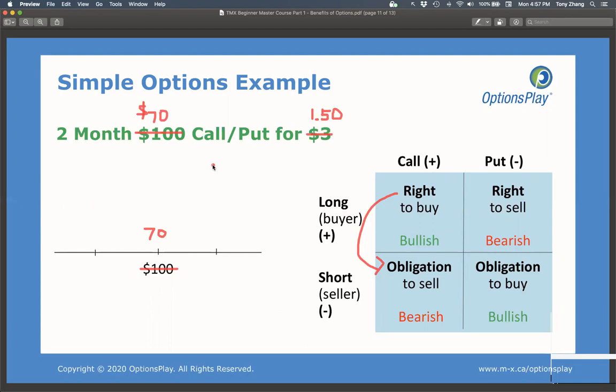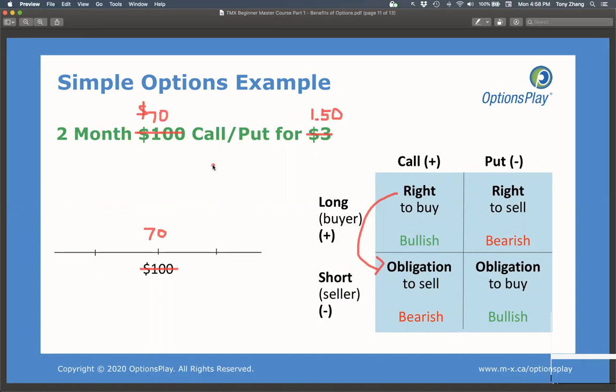And we want to see, what does the risk profile look like for the person who sold that call option? So if the stock stays at $70, for those of you that know the answer, feel free to shout it out in the chat window. What happens if the stock stays at $70 after I sold someone a call option for $1.50 at $70? The answer is you gain $1.50, because I have the obligation to sell it to someone for $70. And if I can buy it on the open market for 70 and sell it to you for 70, then I don't make or lose on that transaction.